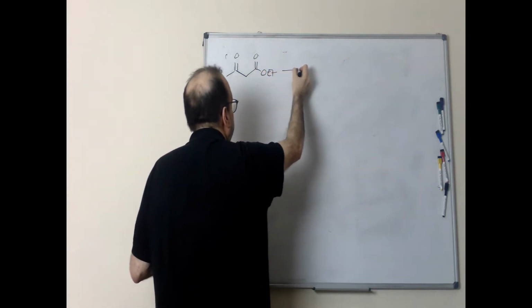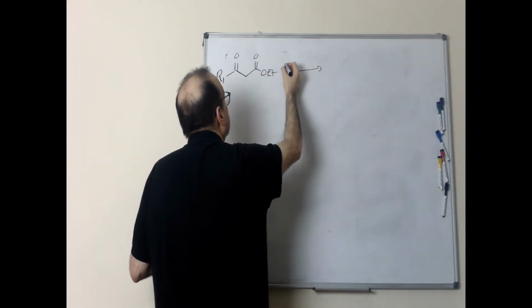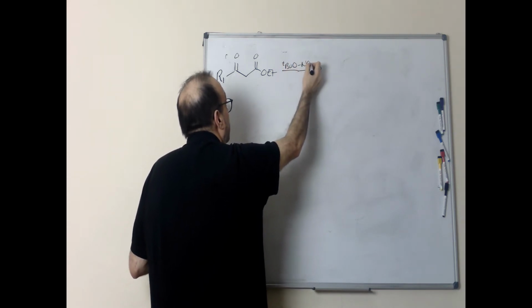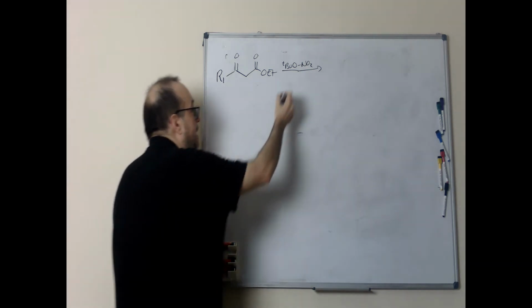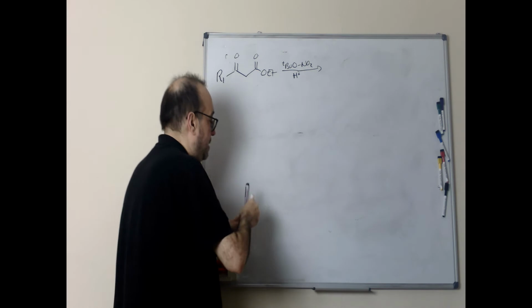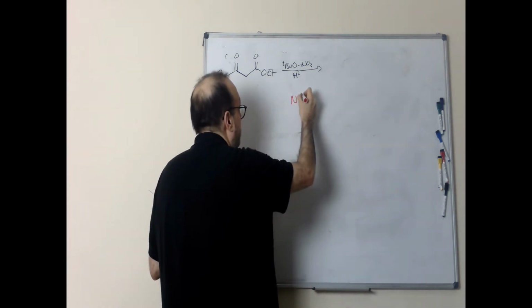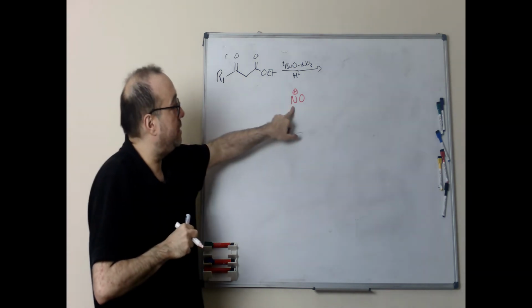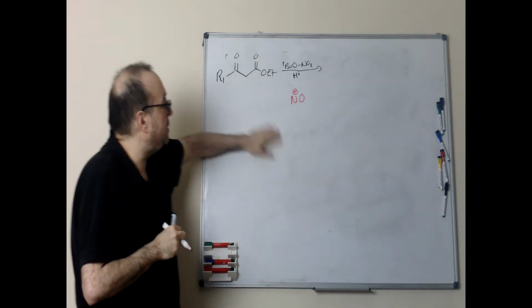And what we add is, for example, this compound in acid. Basically what we are doing is generating in situ this compound, this nitroso compound, the nitroso cation.